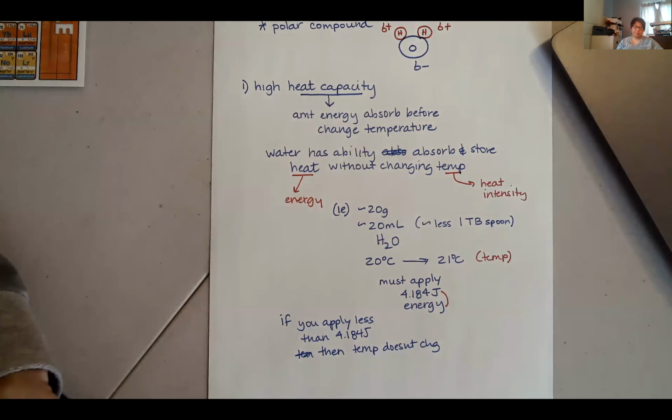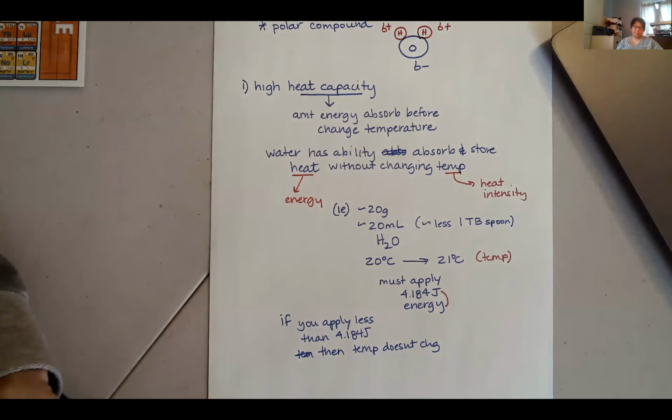Most other substances that are about as big as water cannot absorb as much heat as water can. They have lower heat capacities. But for its relative size, which is 18 atomic mass units, because you've got 1 oxygen, which weighs 16, and 2 hydrogens, which weigh 1 apiece. So for its size, water has a really high heat capacity.